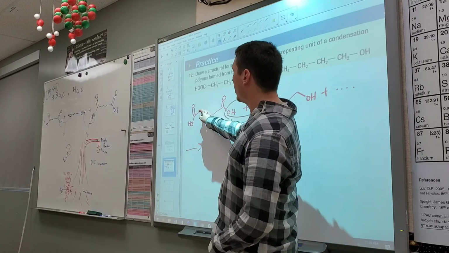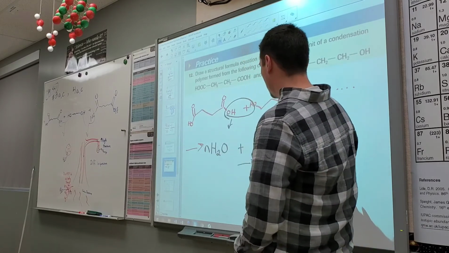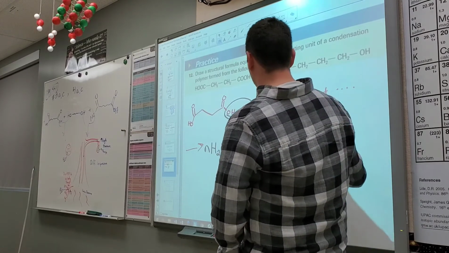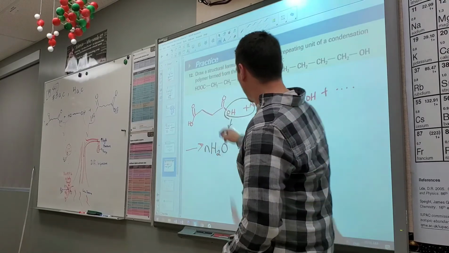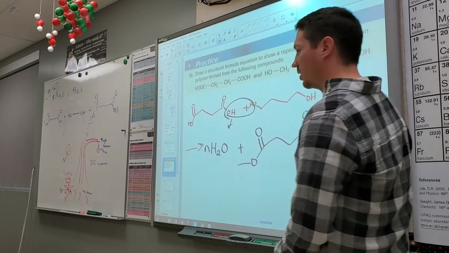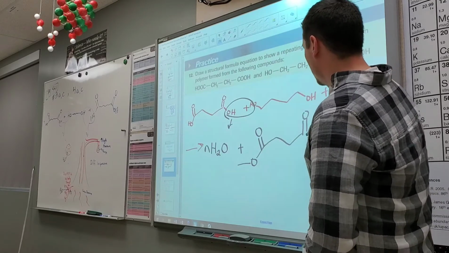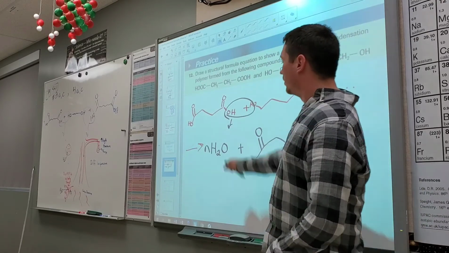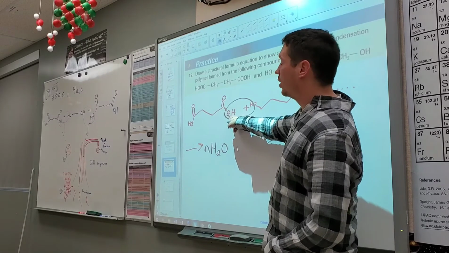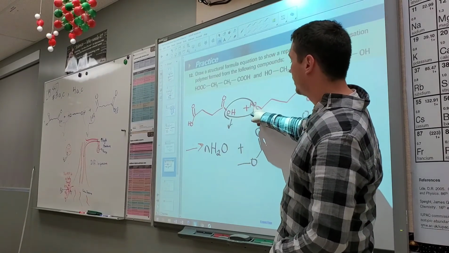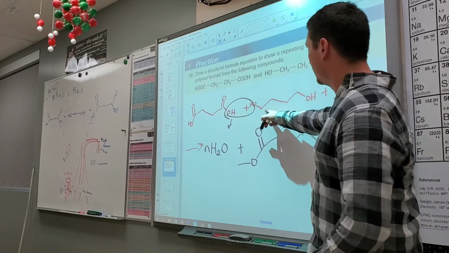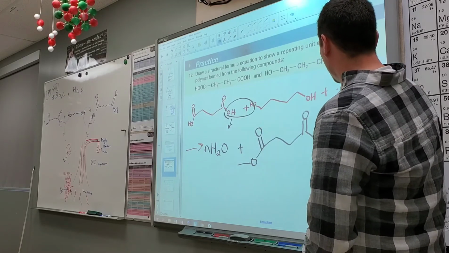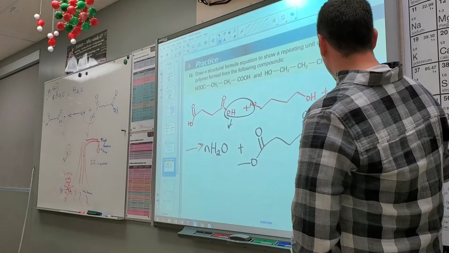And then how many carbons? 1, 2, 3, 4 carbons. This carbon is no longer bonded to an OH. What's it bonded to now? An O. And it's bonded to 4 carbons, right? 1, 2, 3, 4.